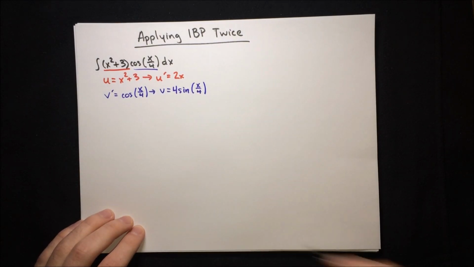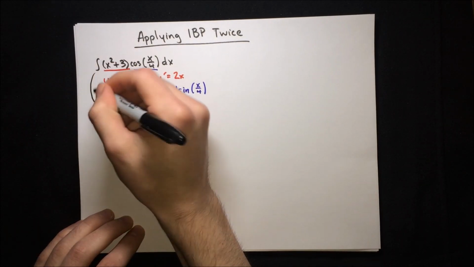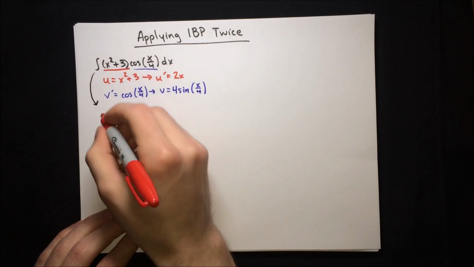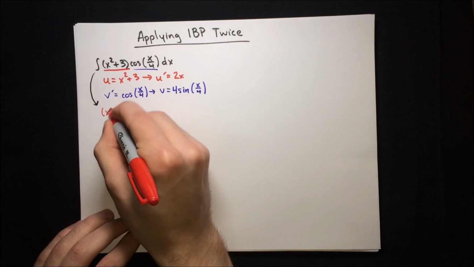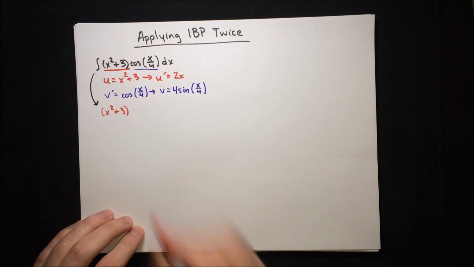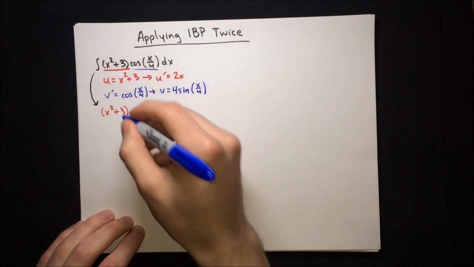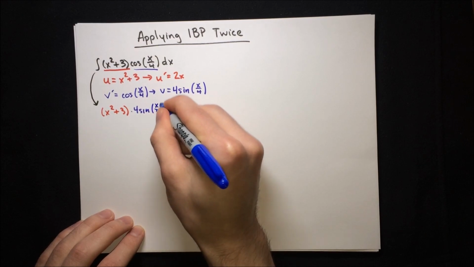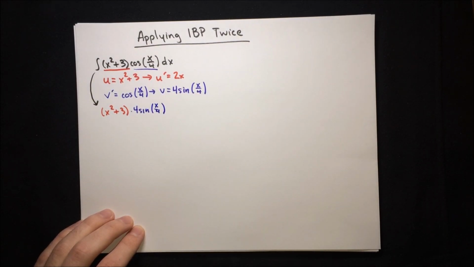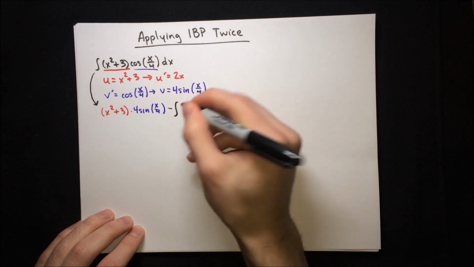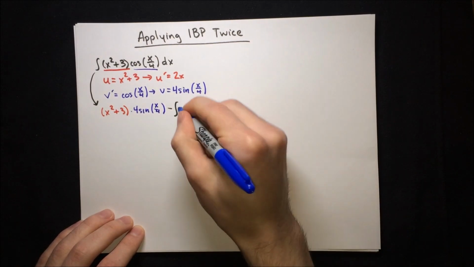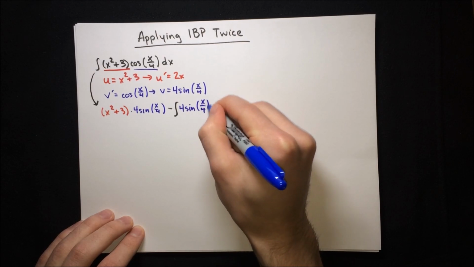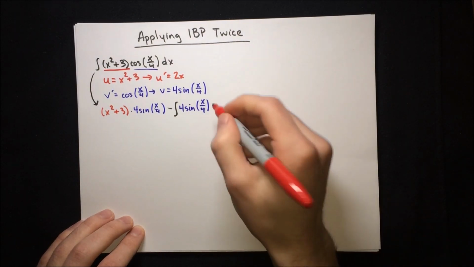And we can use our integration by parts formula to express the integral in terms of u and v. So first we've got u, x squared plus 3, times v, which is 4 sine of x over 4, and then minus the integral of v again, 4 sine of x over 4 times u prime, which is 2x.